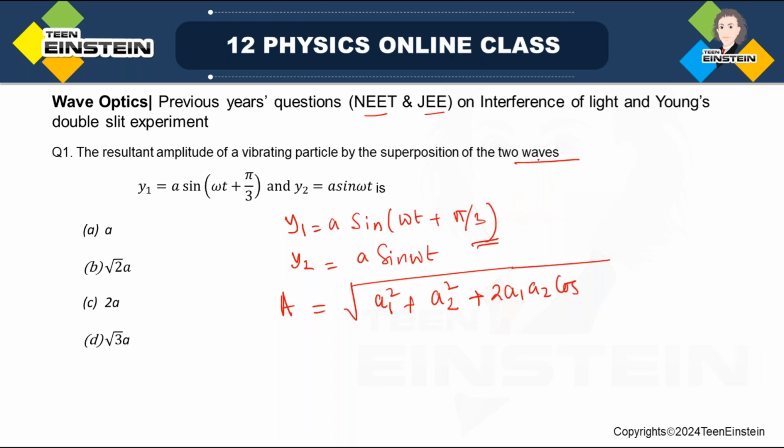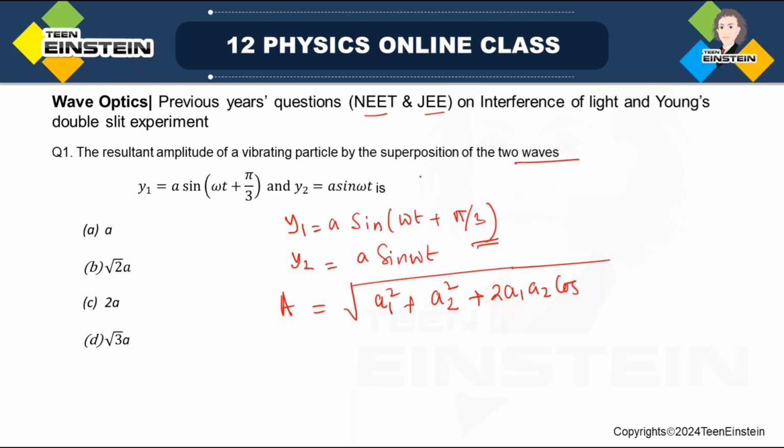The question says that there are two waves, y1 and y2. The frequencies are the same, the only difference between them is a phase difference of pi by 3. Amplitudes also are the same. Now if they superpose on a particle, the particle will vibrate with a resultant amplitude. So you have to find out the resultant amplitude.